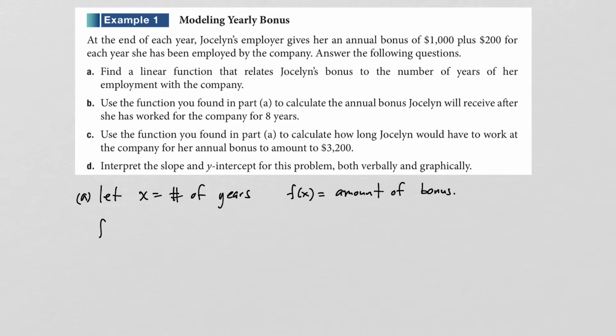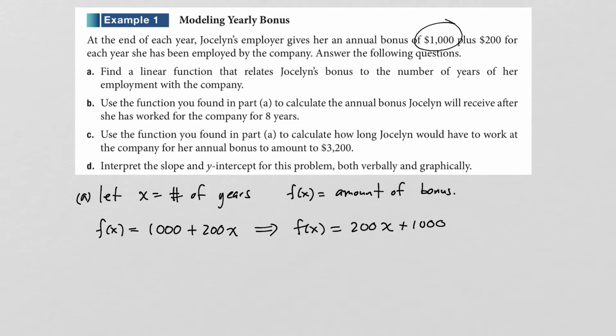So we know that f of x, the amount of the bonus, is going to be $1,000 plus $200 for every year that she's been employed. So if she's been employed for x years, that will be 200 multiplied by x. And this can be rewritten as f of x is equal to 200x plus 1,000.